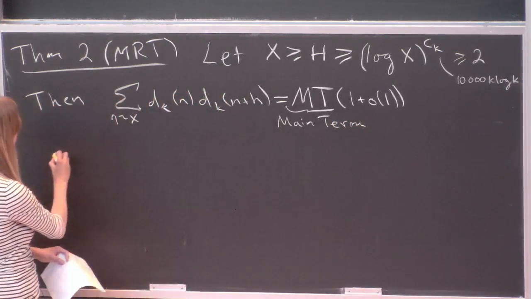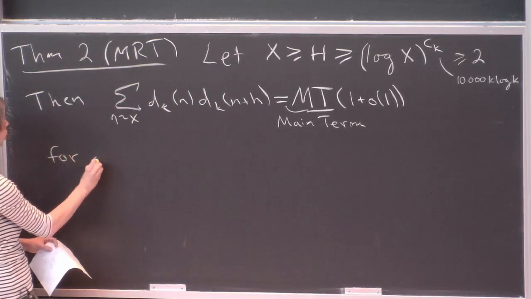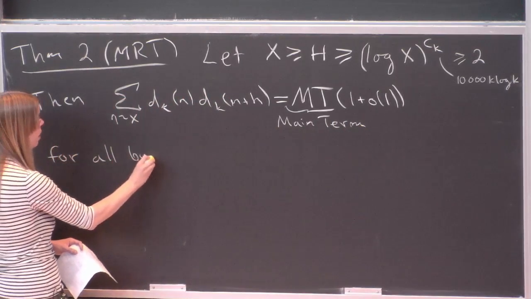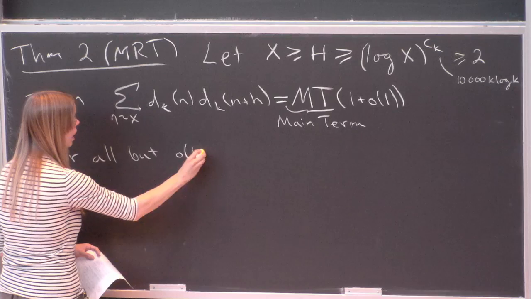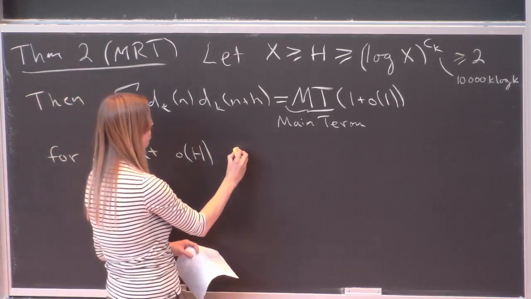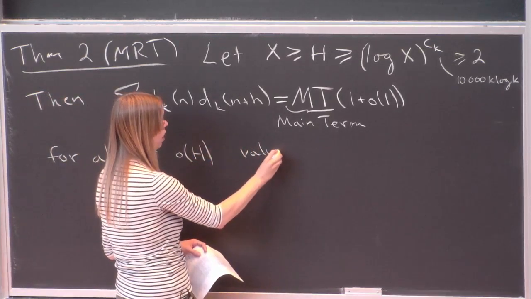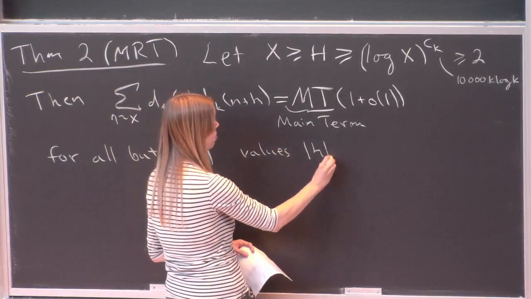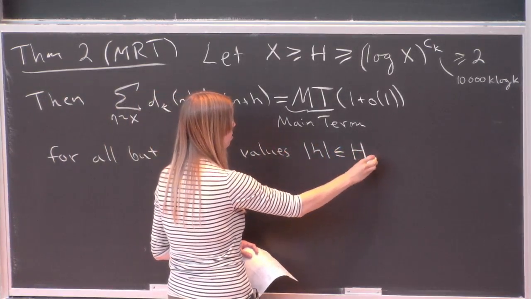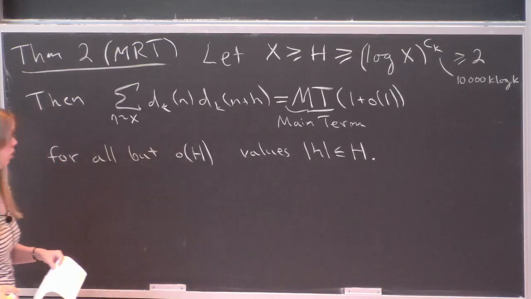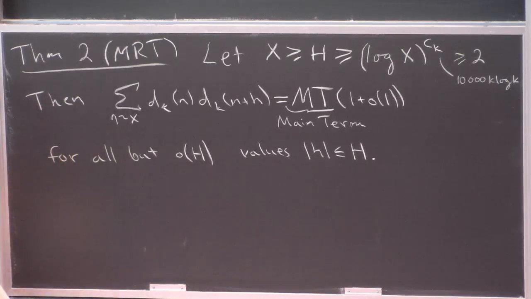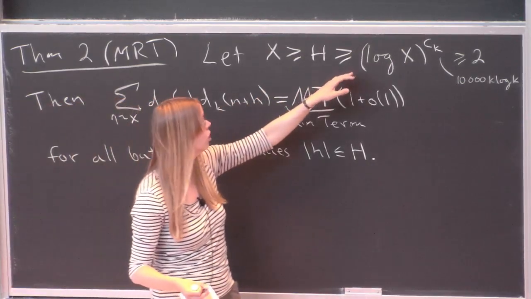Okay. And this holds for all but e to the power of h values h smaller than H. So you can see the difference between Theorem 2 and Theorem 1 for the divisor function is that now we have a much shorter average.